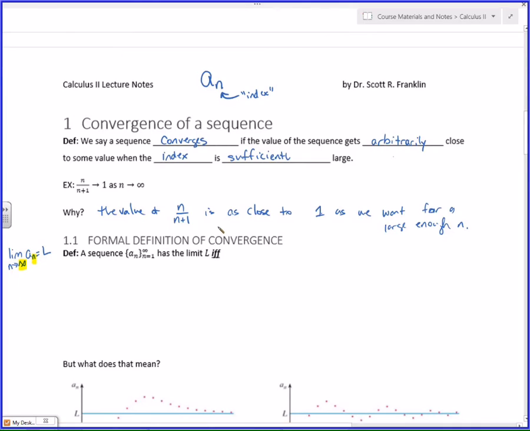So here's the formal definition in mathematical notation. For every epsilon greater than 0, there exists a capital N. Notice how there's not a delta now. There's a capital N. That capital N can depend on epsilon.